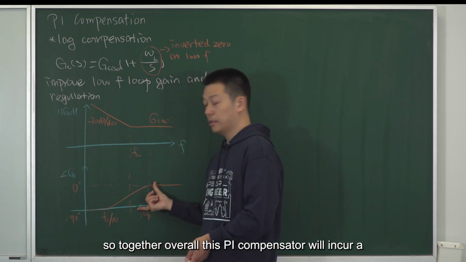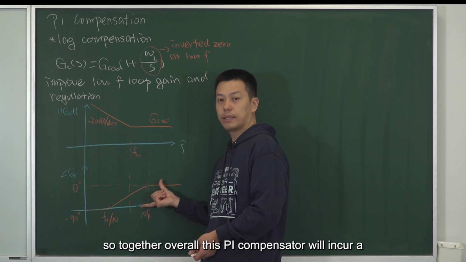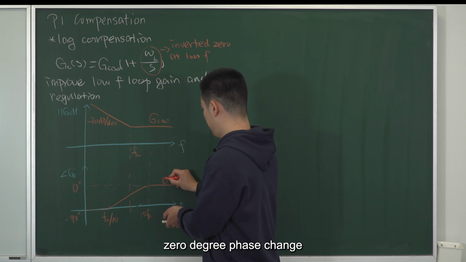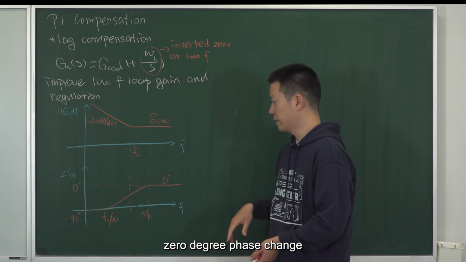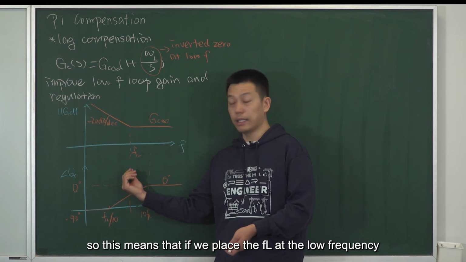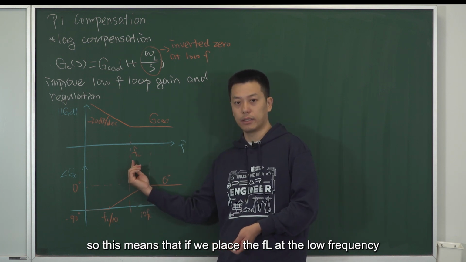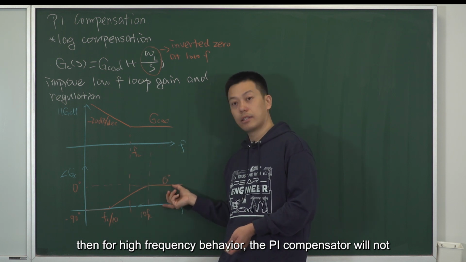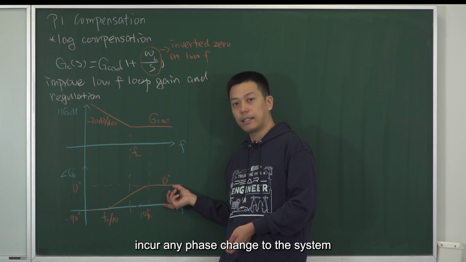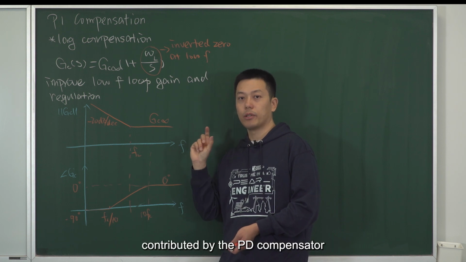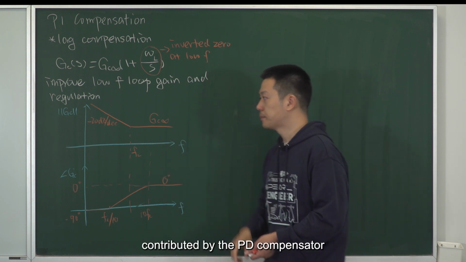So overall, this PI compensator will incur a 0 degree phase change at high frequency. This means that if we place FL at a low frequency, then for high frequency behavior, the PI compensator will not incur any phase change to the system. So we can still maintain the improved phase margin contributed by the PD compensator. Okay.